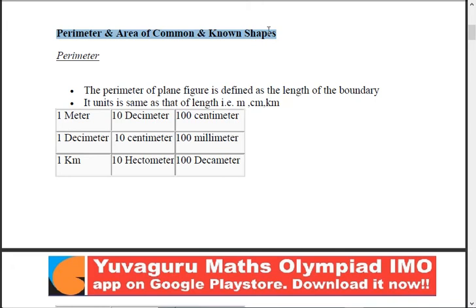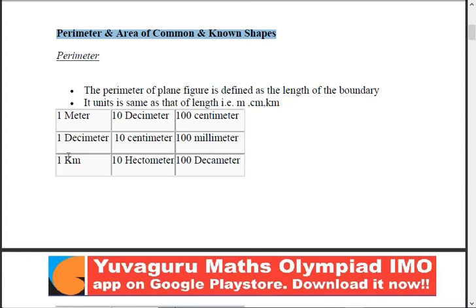Perimeter and area of commonly known shapes. First you need to remember units. 1 meter equals 10 decimeter, and 1 decimeter equals 10 centimeter. So 1 meter equals 100 centimeter. Similarly, centimeter to millimeter is 10, so 1 meter equals 1000 mm.